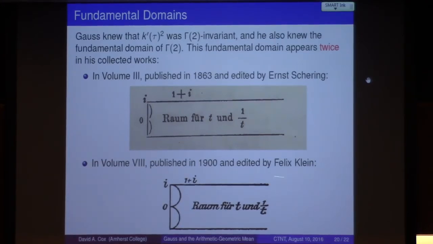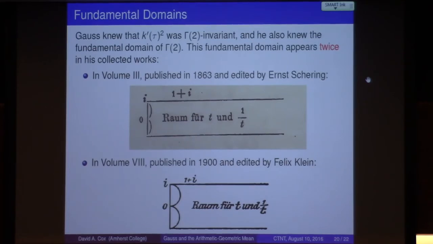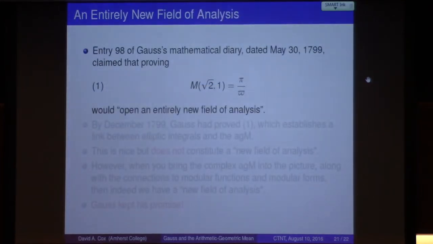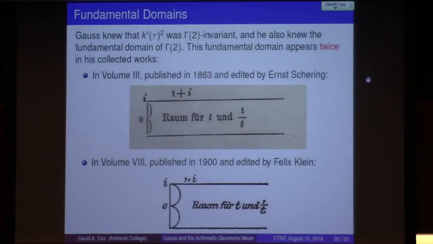And now Felix Klein definitely knew what fundamental domains were. So this is how the same picture appears. Now we really have the semicircles. And the point is, what's the 1 over t? Well, you also want that to be true.